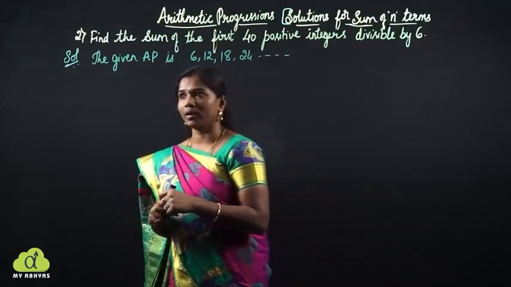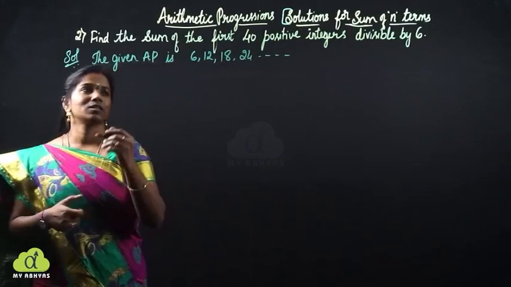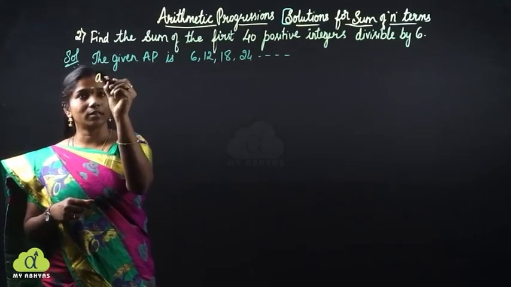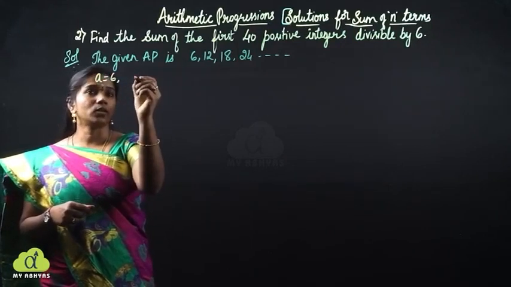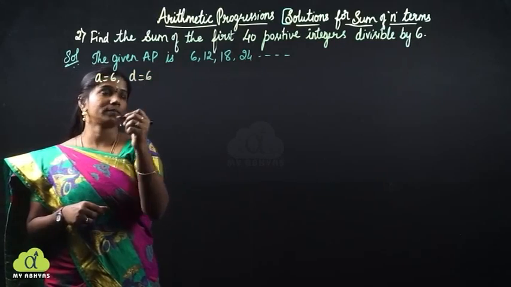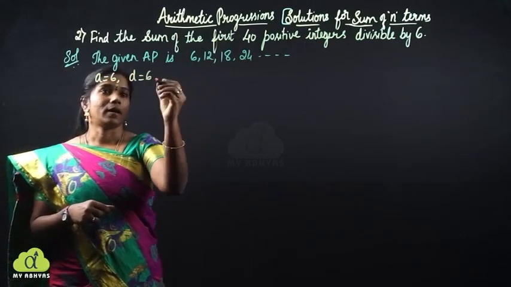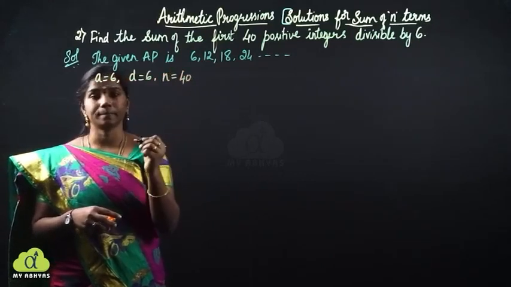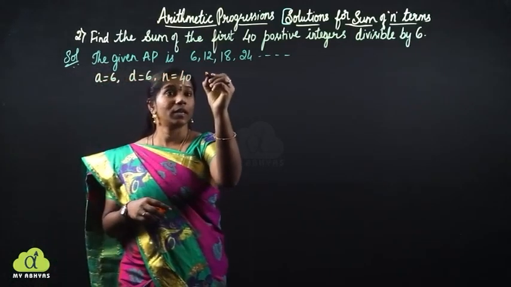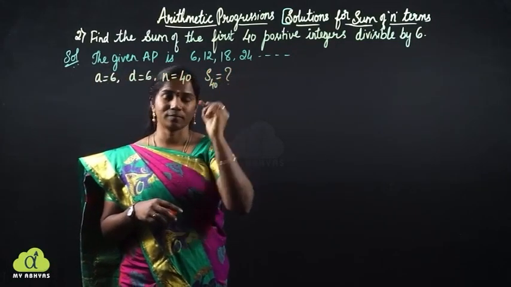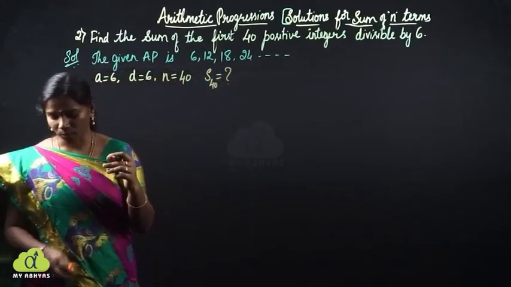Then use the formula. Then continue. According to this progression, the value of a is equal to 6 and the value of d is also 6. Yes. And so, what is the value of n? n is nothing but 40. Clear? And then we have to find out S40, question mark.